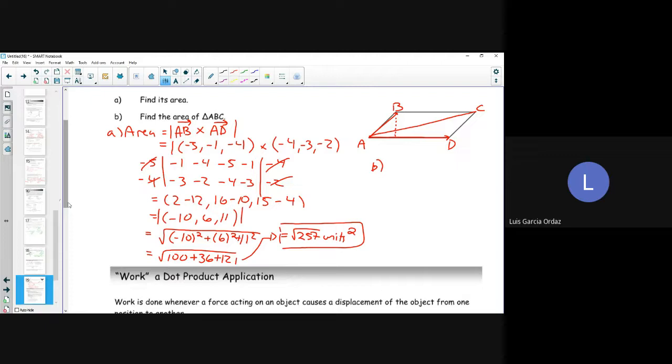So the area of my triangle is going to equal 1/2 of my cross product, or the magnitude of AB cross AD. And we know that gives us half of root 257, which gives me an answer of root 257 over 2 units squared.